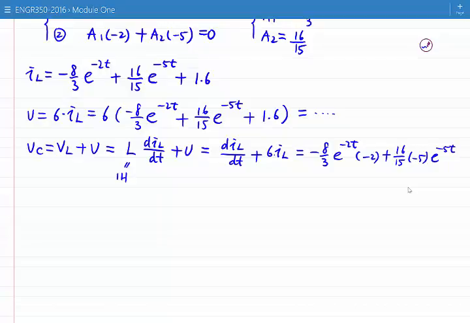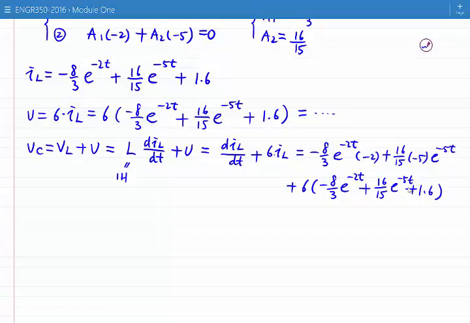The derivative of 1.6 with respect to t is 0. Plus V, so we have the formulation for VC. It is plus 6 times minus 8 over 3 e to the power of minus 2t plus 16 over 15 e to the power of minus 5t plus 1.6. This formulation is quite long, but definitely we can simplify it.